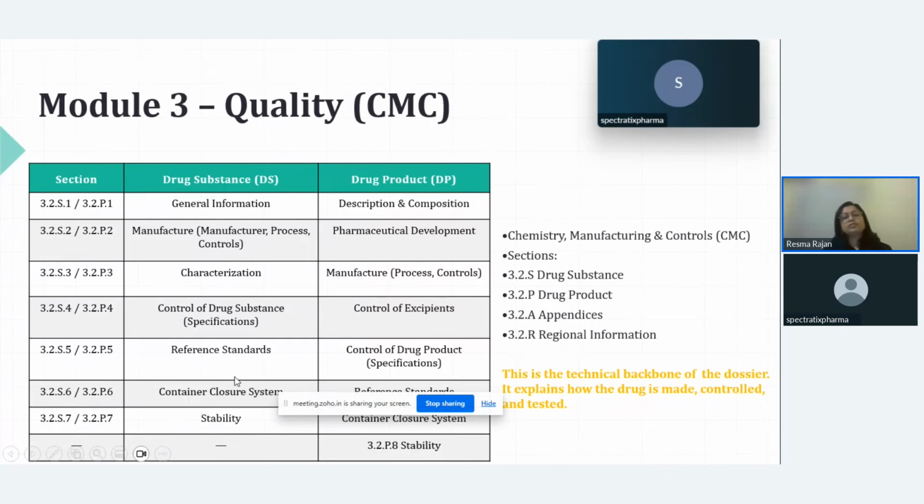And then comes another important section, stability. Okay, you have manufactured a product which is of very good quality, of very good efficacy, and you are planning to commercialize it. So from my facility, I have to transport it and distribute it to the required distributors.